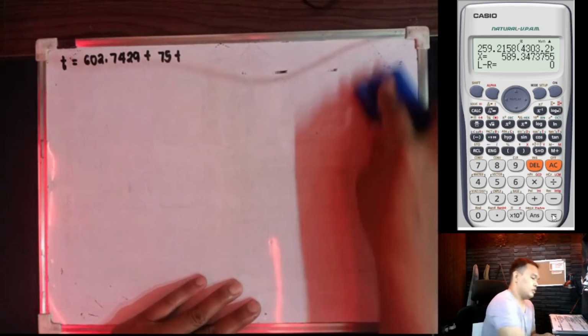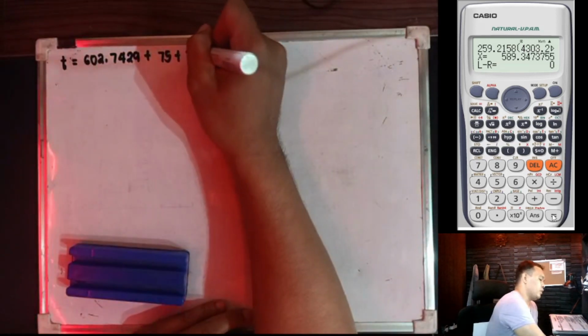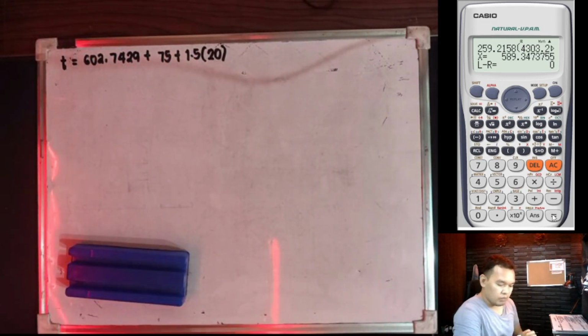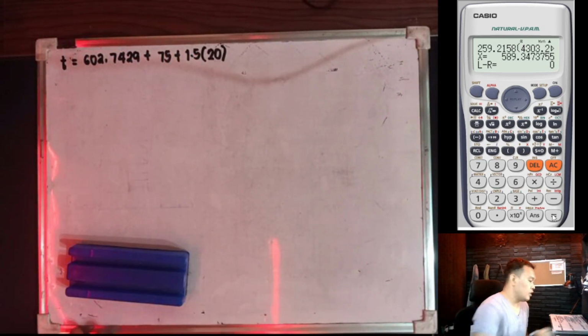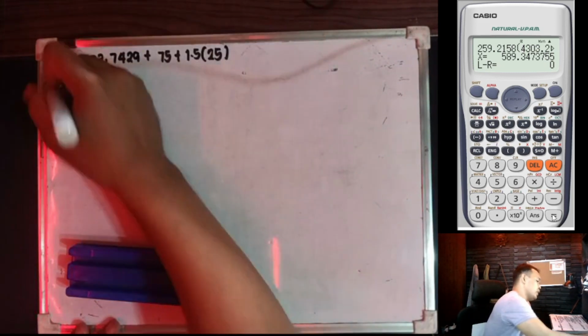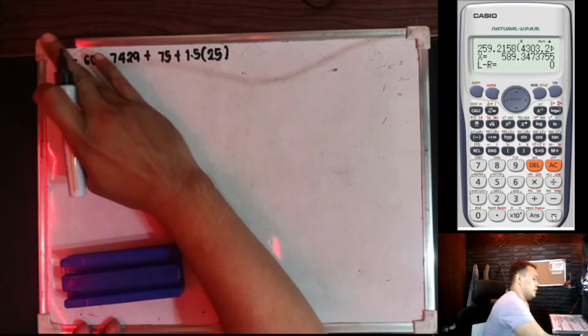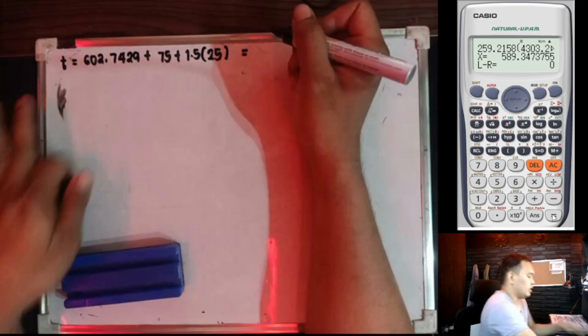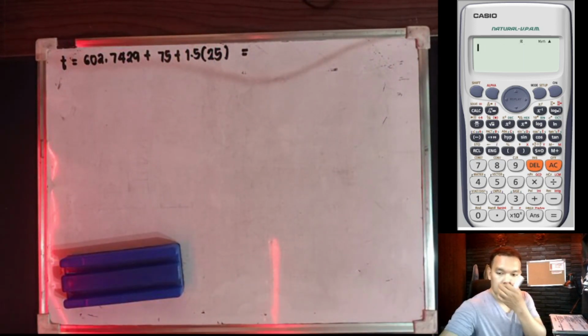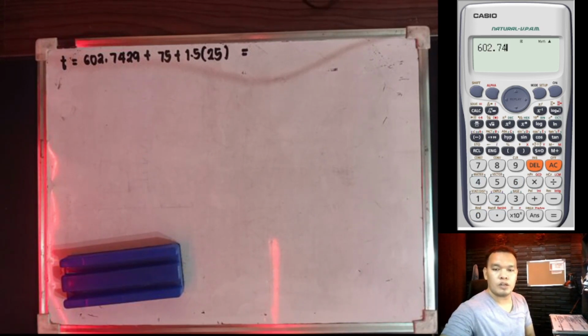So we could add here na doon sa ating equation, plus 1.5 diameter of bar, which is equivalent to 20. Tama ba? 20 mm ang ating diameter ng bar. 25. Pala. 25. So we have here thickness is equivalent to, dito ko na lang isusulat para hindi aksaya sa space, 602.7429 plus 75 plus 1.5 multiplied by 25.